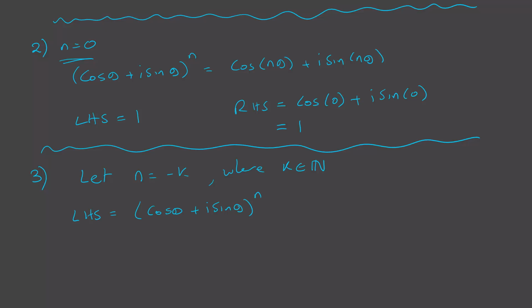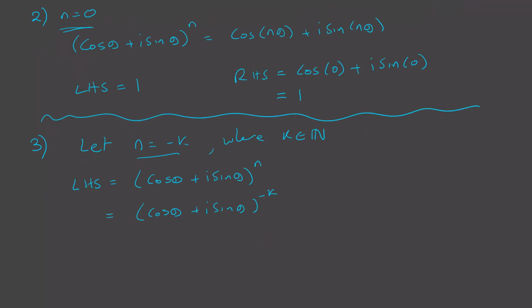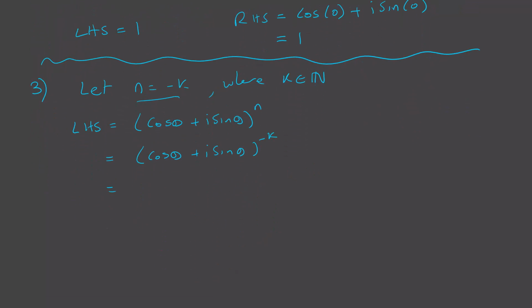Well, now that we've made this definition, that is (cos theta + i sin theta) to the negative k. And that is 1 over (cos theta + i sin theta) to the k.